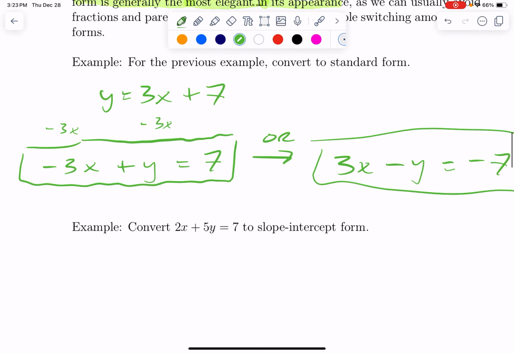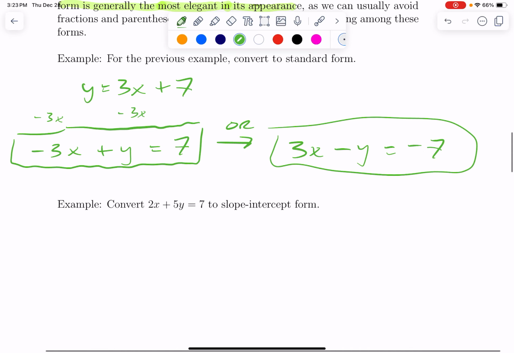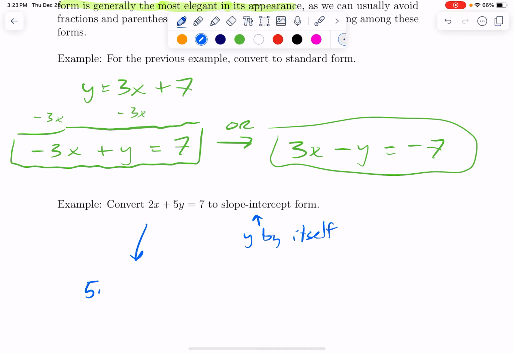In this next example, we have something in standard form, and we want to convert it to slope-intercept form. So slope-intercept form will have the y by itself. So we need to do a little bit of algebra to get that. So first, I will subtract 2x from each side. And I'm writing the negative 2x first because usually that comes first.